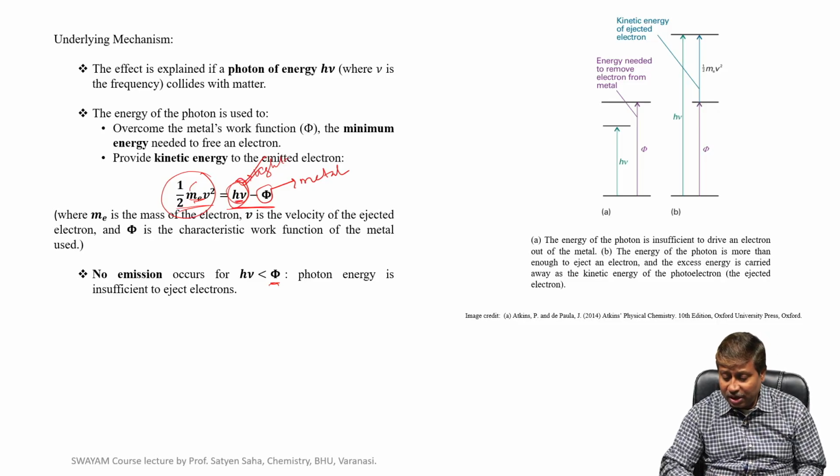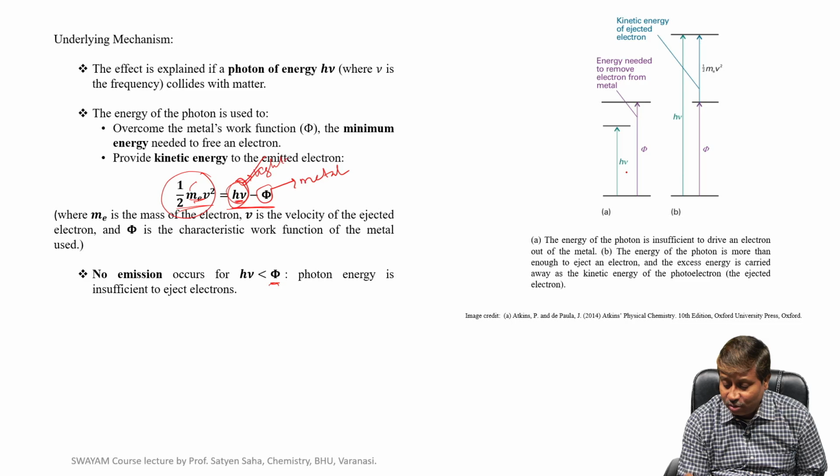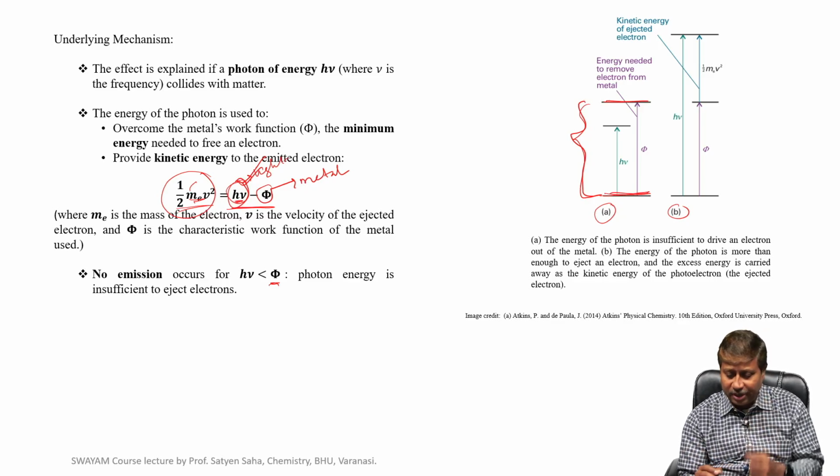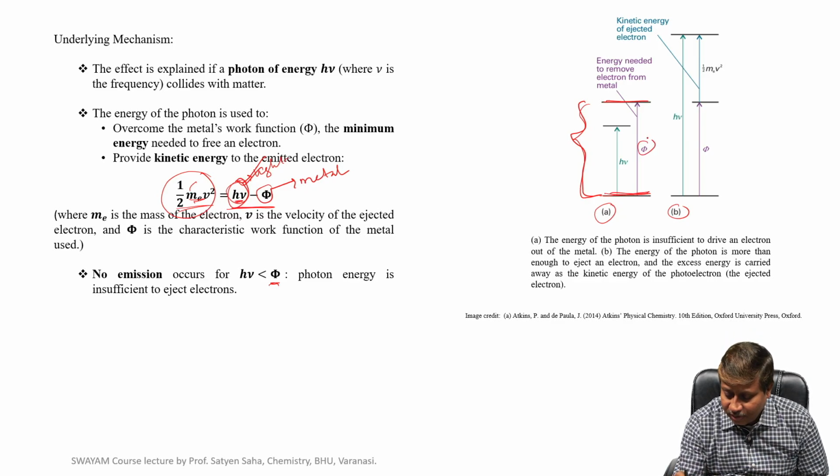Now, this can be understood here. You see that you have two panels, A and B. In A, this is the work function, the minimum energy you need to give to kick out an electron from the metal, that is phi.